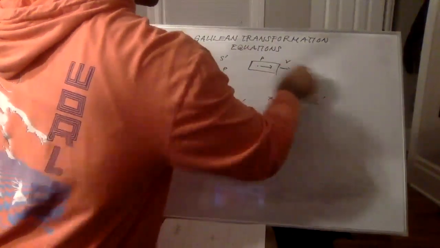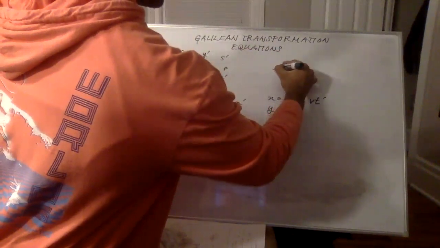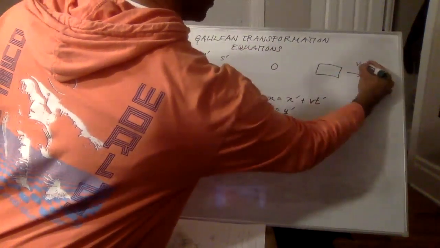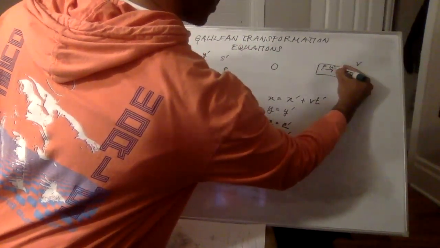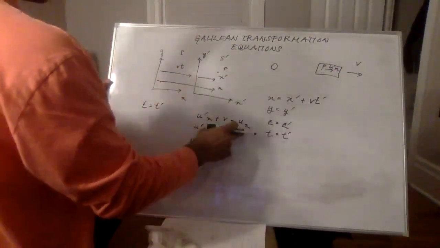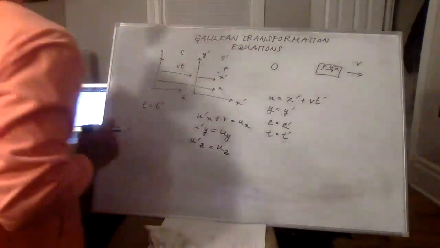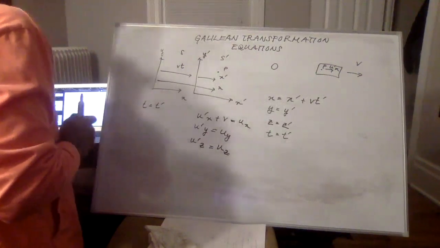You have a person standing here and a bus moving at speed v, with the person moving at speed u prime x in reference to the bus. How fast does this person see him? This person sees him moving however fast he's moving plus the speed of the bus. Right, so pretty simple.